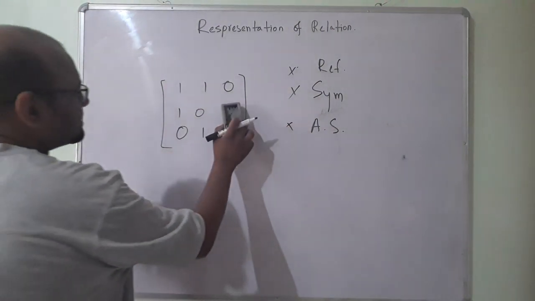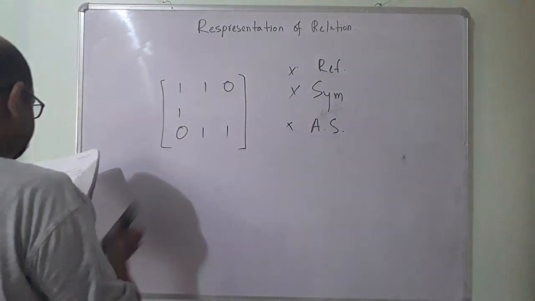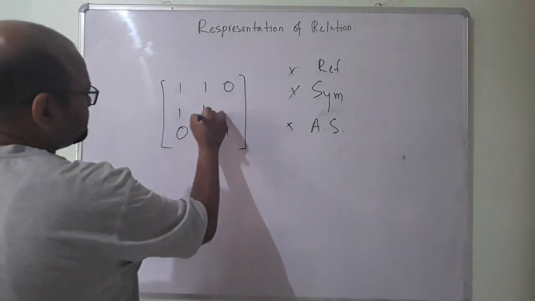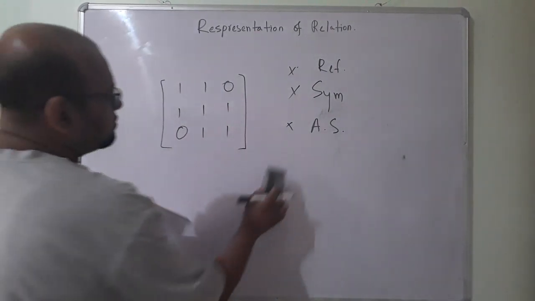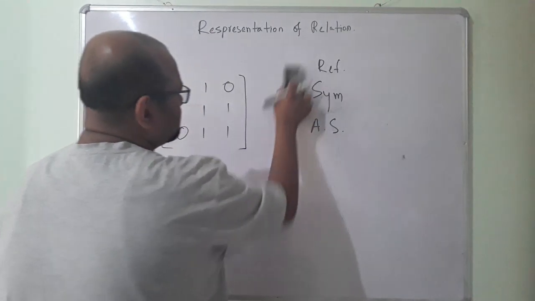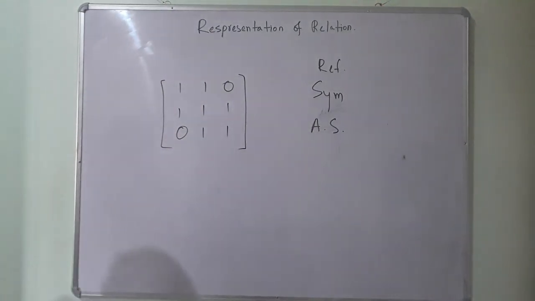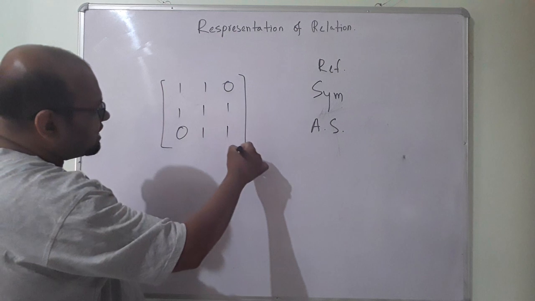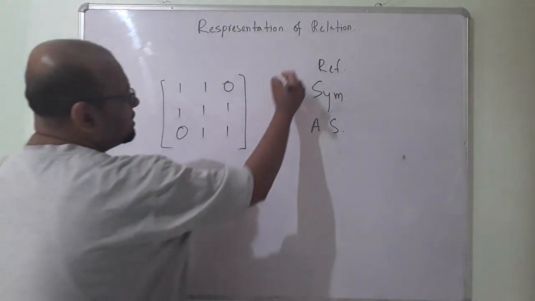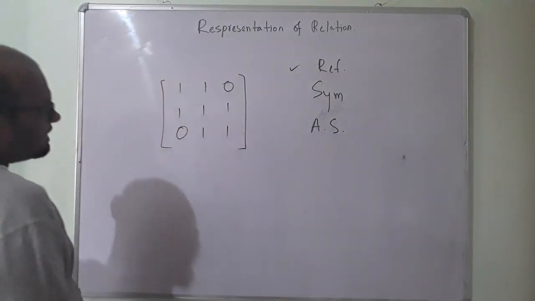Now let me make some changes in this matrix. What about now? Is it reflexive? Along the diagonal all of them are 1, so it is reflexive. Is it symmetric?